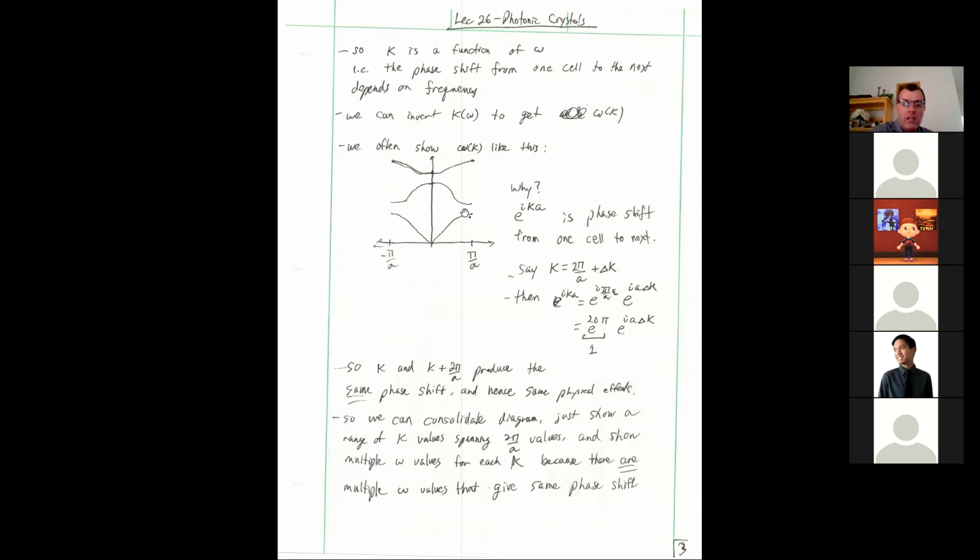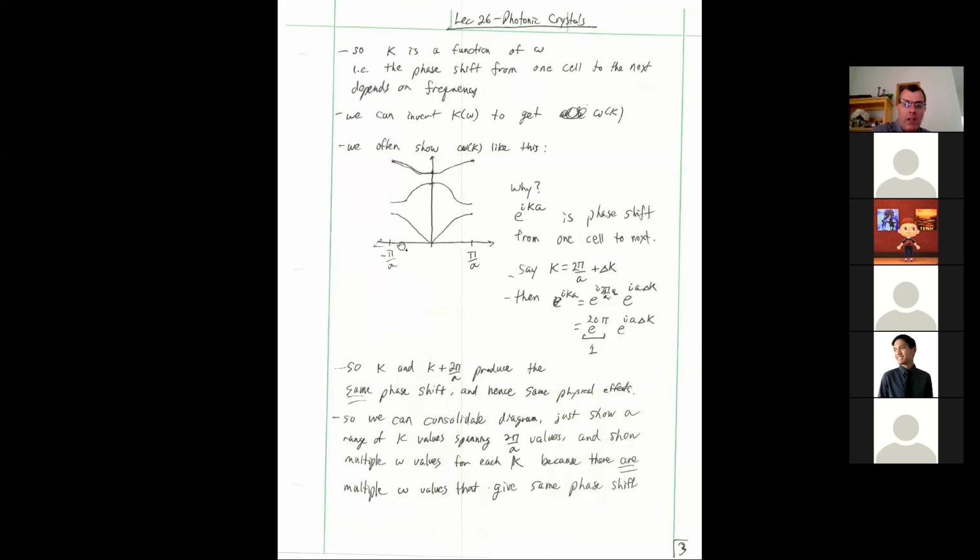It still gives you the exact same physics, all right? And if we're still getting the exact same physics, then what that means is that this wave vector here is equivalent to something over there. So I don't need wave vectors going from minus infinity to plus infinity.